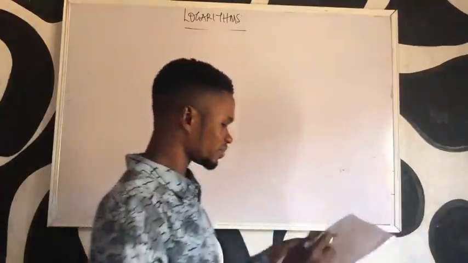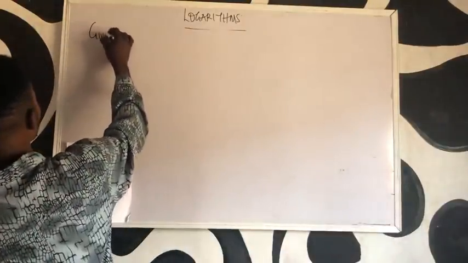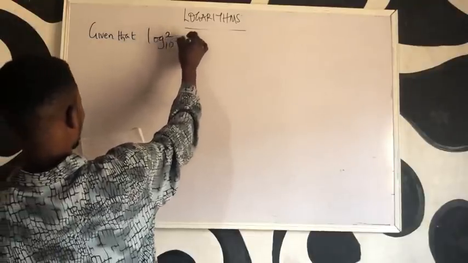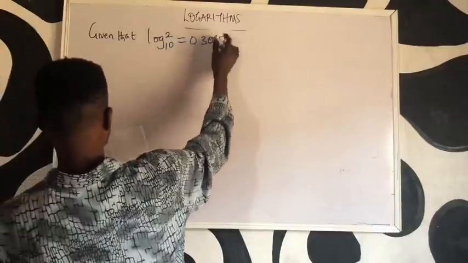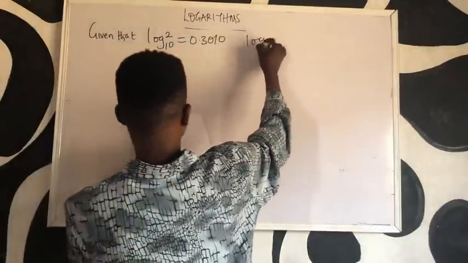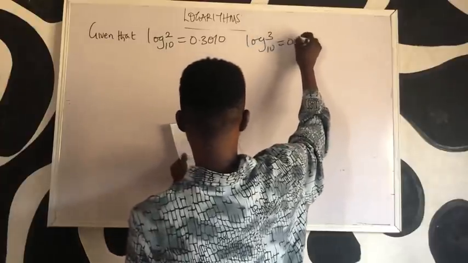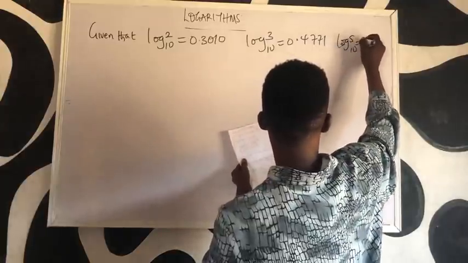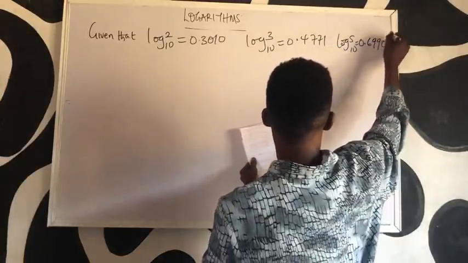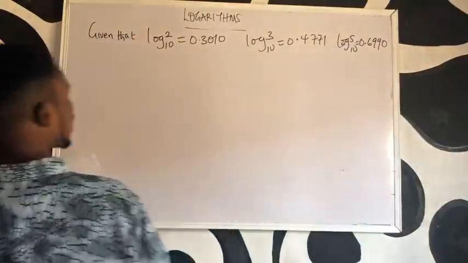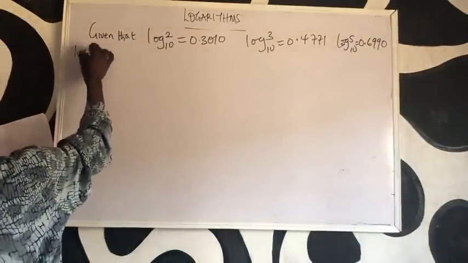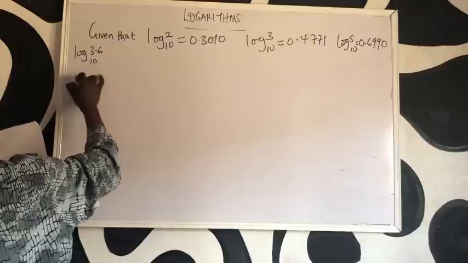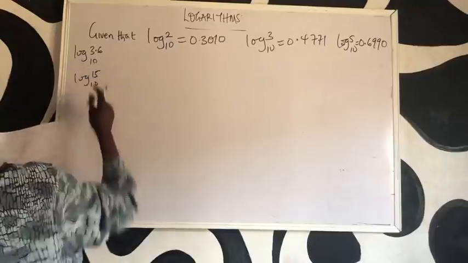Given that log 2 base 10 is equal to 0.3010, log 3 base 10 is 0.4771, log 5 base 10 is 0.6990. Evaluate without using table log 3.6 base 10 and log 15 base 10.